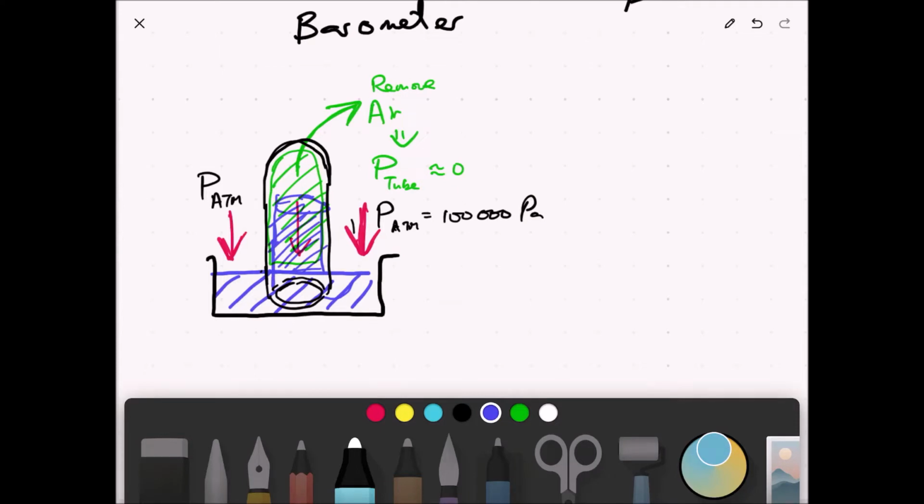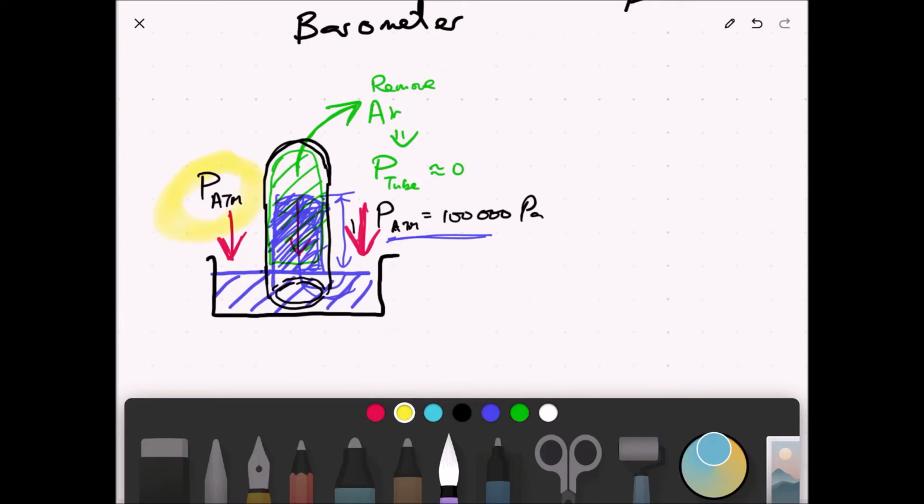Well, it depends, because as the mercury column rises, the mercury down here will get heavier and heavier, and what is supporting this mercury column is the pressure outside that is pushing the mercury into the tube. So basically this column height is an indication of how much pressure is on the outside.